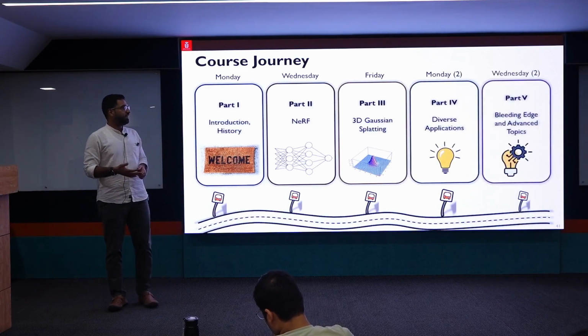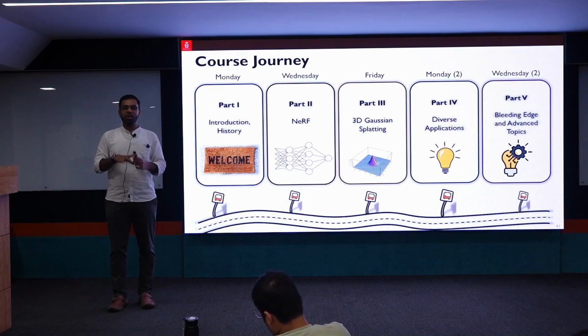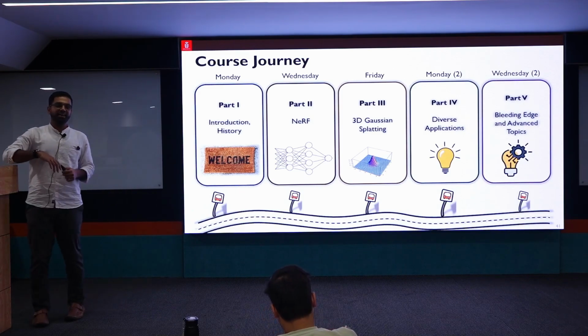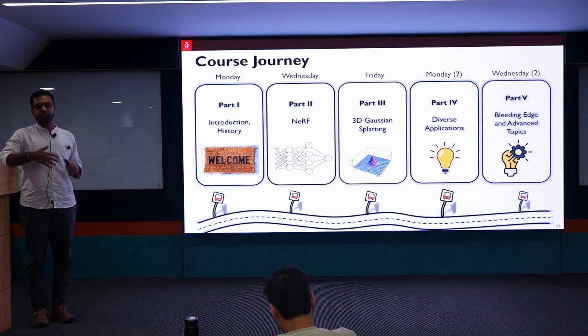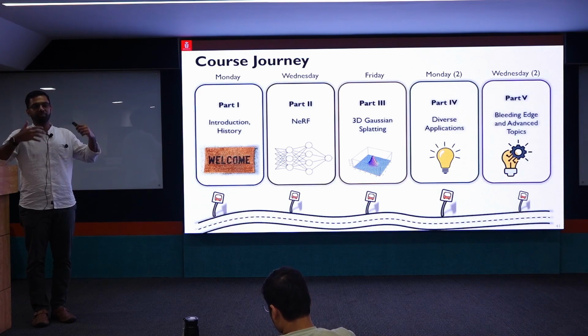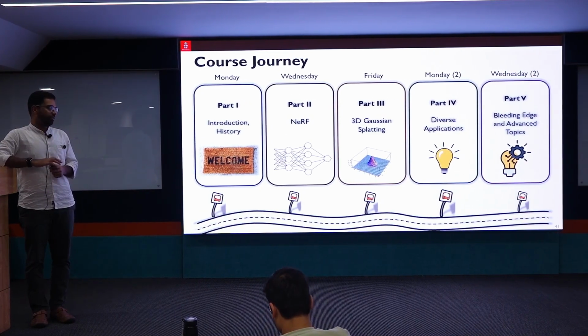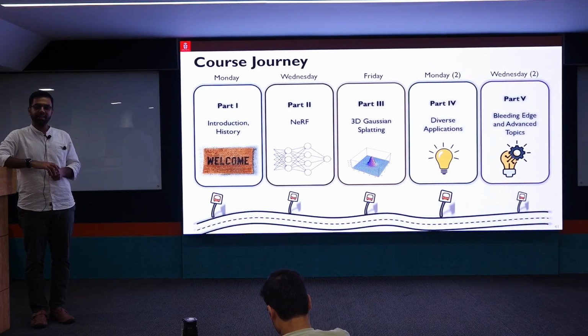And hopefully today, I've given you a short glimpse at all the different cutting edge work that uses radiance fields, that uses priors to build radiance fields, and how people build camera systems to capture radiance fields. So hopefully that's given you an overview of what's happening in the area.